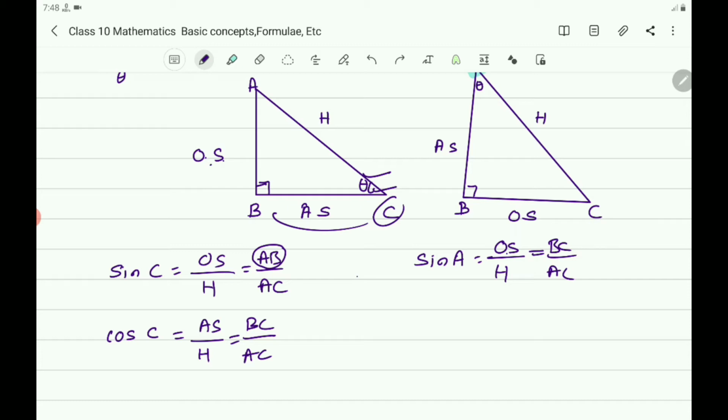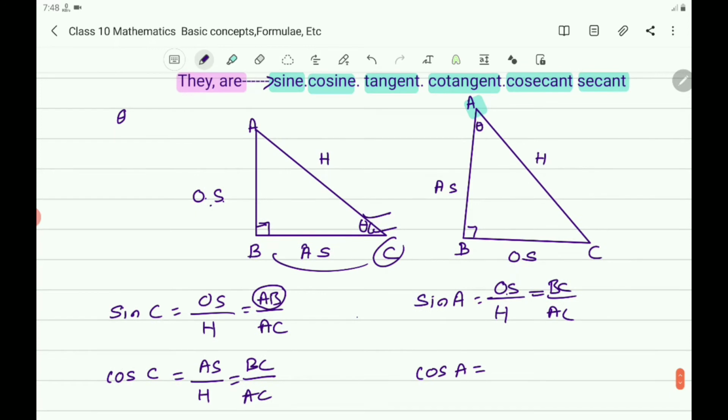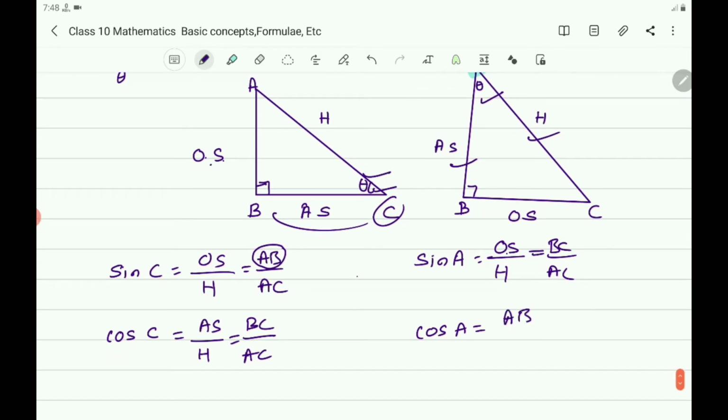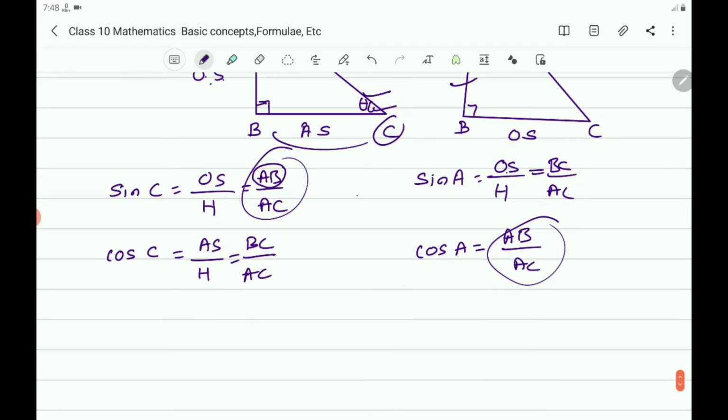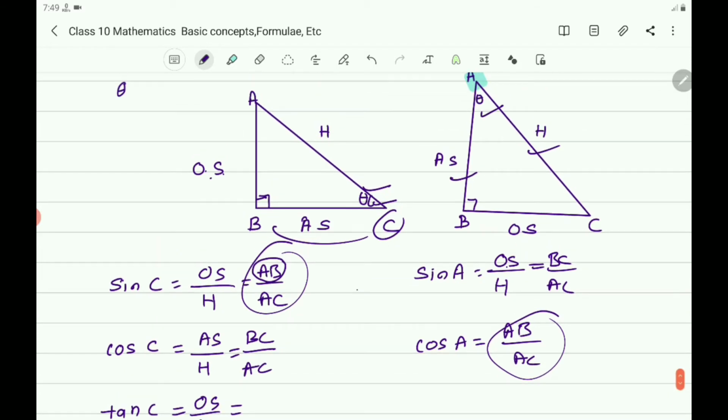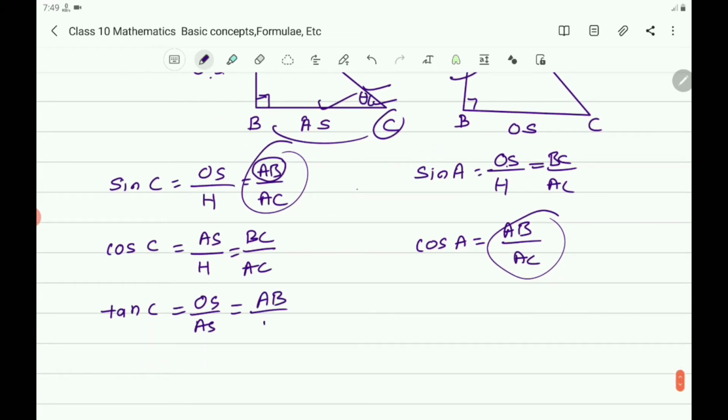Next, cos A. If you consider cos A, that is adjacent side by hypotenuse, that is AB by AC. So these two are the same. Next you take the tan C. Tan C is opposite side by adjacent side, that is AB by BC.